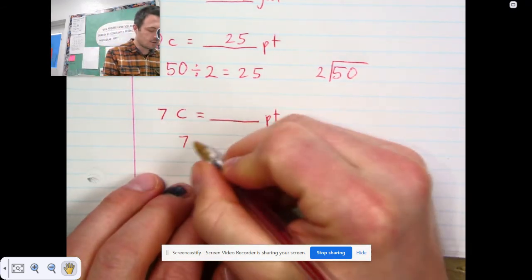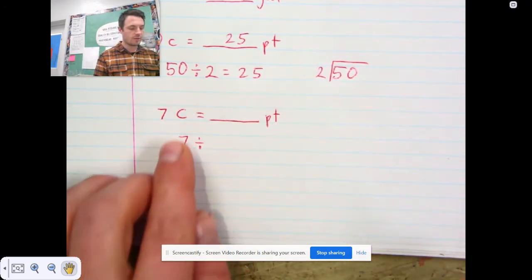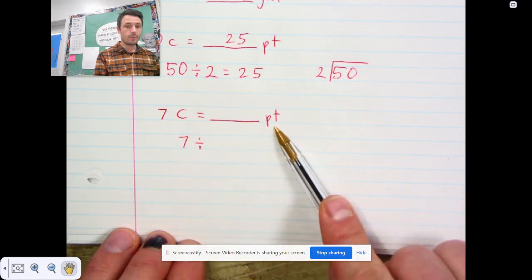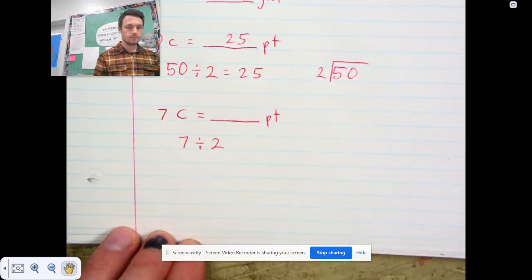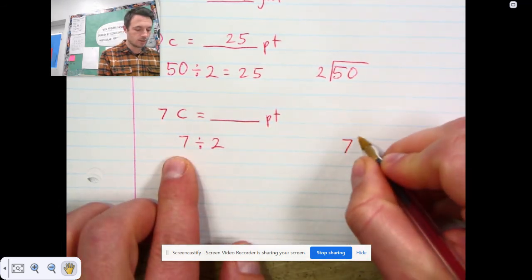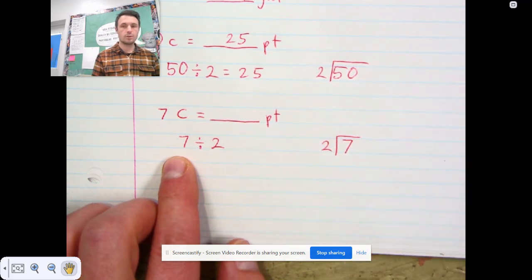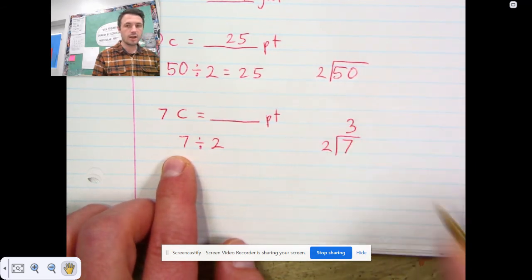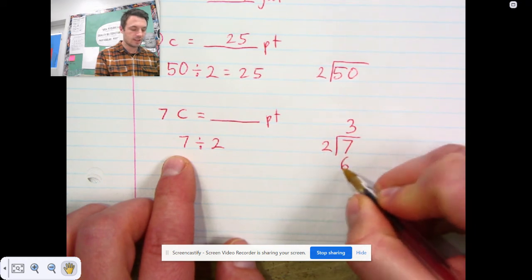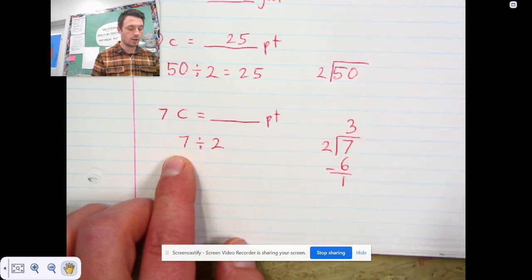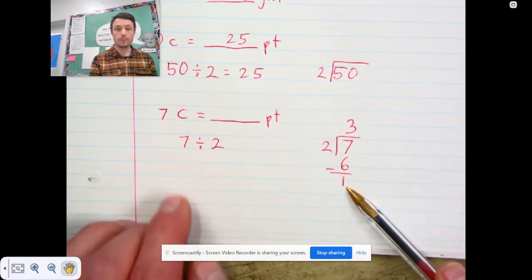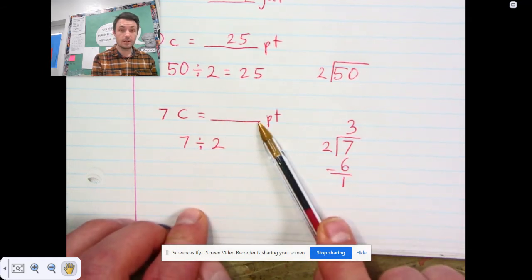So it's 7 divided by the amount of cups that can fit into 1 pint, and that's 2. And we'd write this as a long division problem, 7 divided by 2. 2 can fit into 7 3 times. 3 times 2 is 6. 7 minus 6 is 1. Now, notice there's a remainder, but there's only 1 blank.